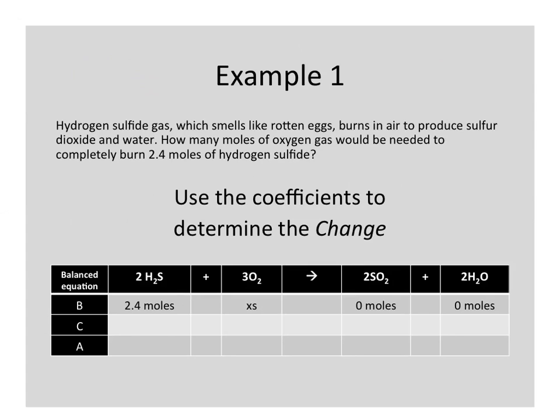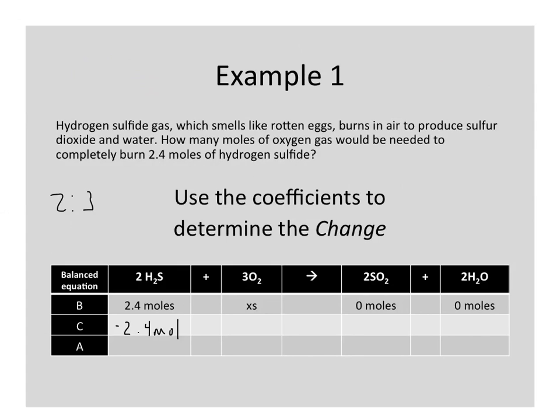Now we need to determine the change that we have. We're going to use up all of the H2S. And we need to figure out how much of the O2 we're going to use. So we have a 2 to 3 ratio of the H2S and the O2.